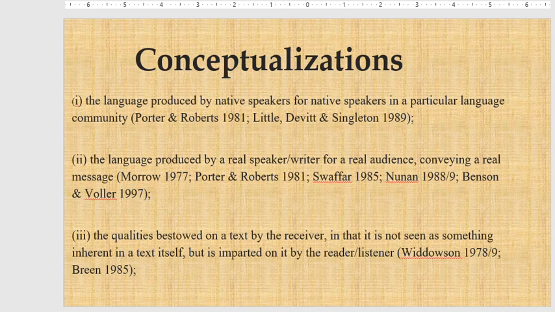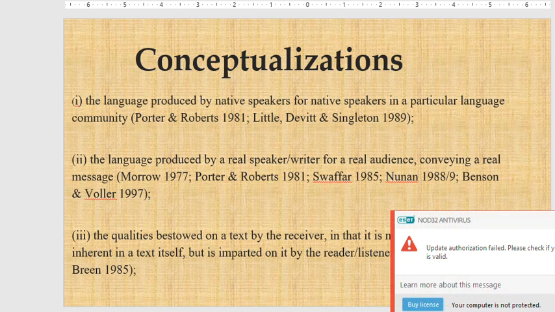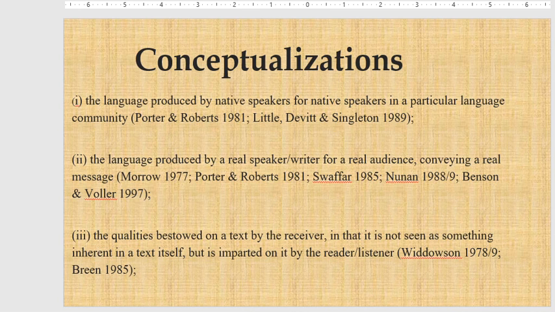Okay, I have provided you with some conceptualizations and some ideas. These ideas are not necessarily preferred to the other ones, but I will provide you with the finalized conceptualization, one of the preferred ones, which I myself prefer to use when I am teaching or talking about authenticity.